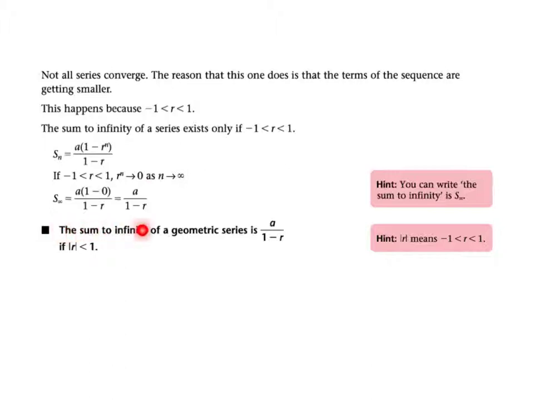So we get the sum to infinity is a over 1 minus r. But the crucial thing is, r must be between -1 and 1. That is, the modulus of r, the positive value of r, must be less than 1. If you need to remember that, that means -1 is less than r, less than 1.